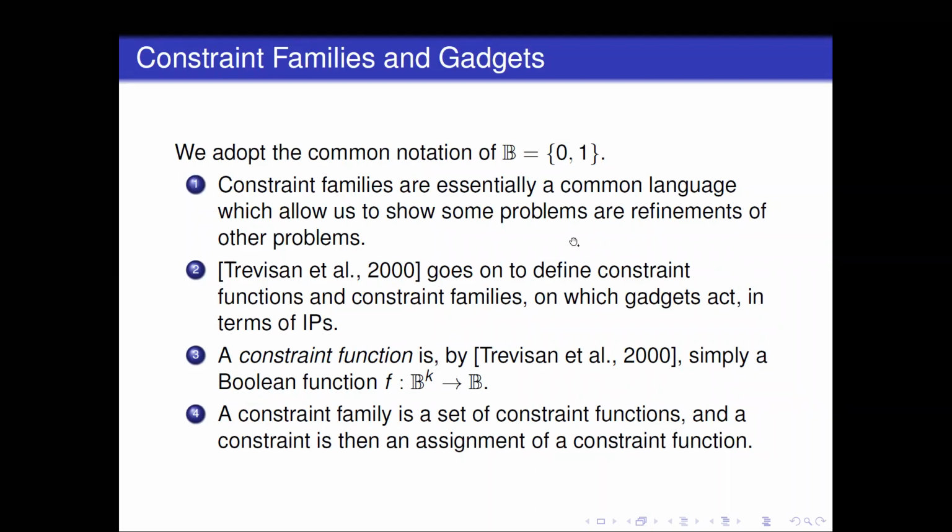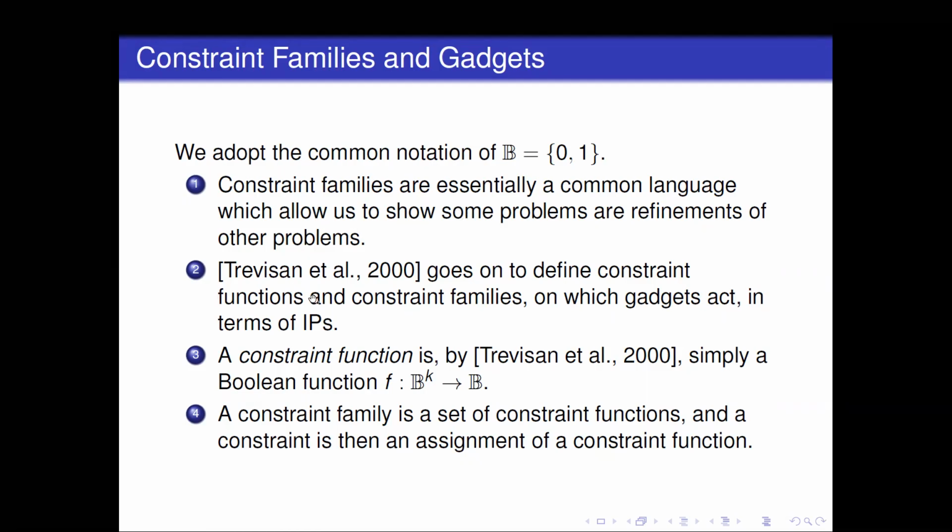So if any problem can be represented, or most, because problems can be represented as an integer program with an objective function and a bunch of constraints, it's the constraints that really define the problem. So we can look at constraint families, where it's essentially a common language which allows us to show how some problems are refinements of other problems.